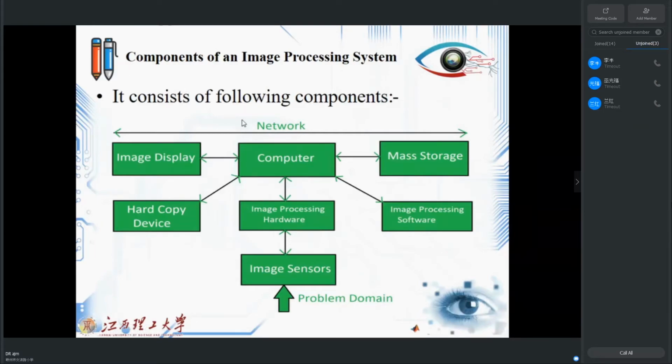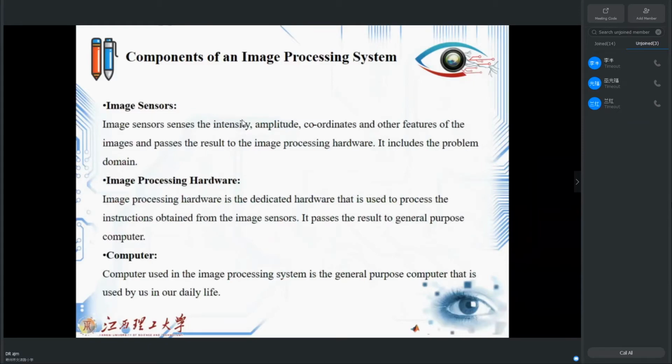Let us describe very briefly what these points are, what they consist of, and which parts they have. Suppose the image sensors sense the intensity, amplitude, coordinates, and other features of the image and pass the result to the image processing hardware.